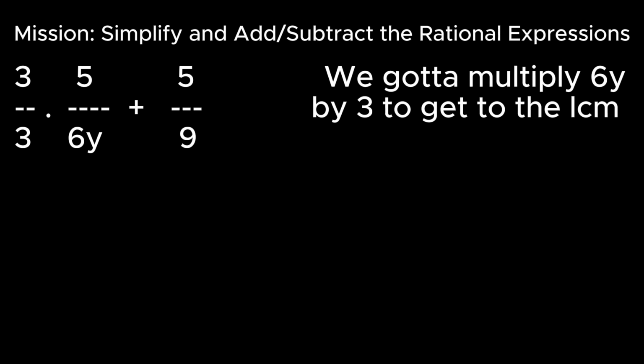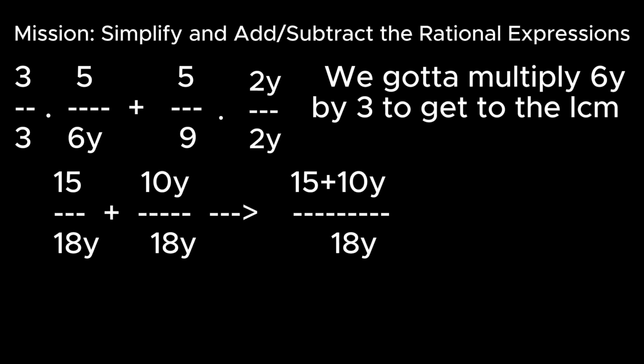Now, what about 5 over 9? How can we get the 9 to be 18y? Well, we have to multiply the 9 by 2y, because 9 times 2y is 18y. So we multiply the top and the bottom of 5 over 9 by 2y, and we multiply the top and the bottom of 5 divided by 6y by 3.